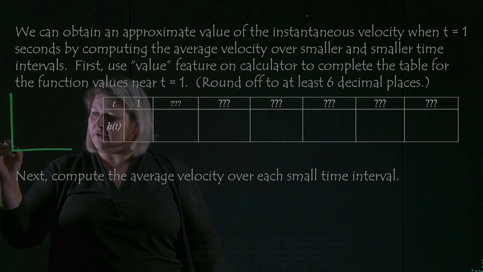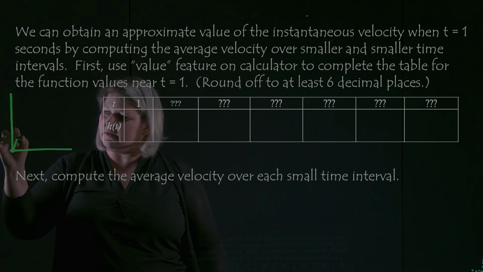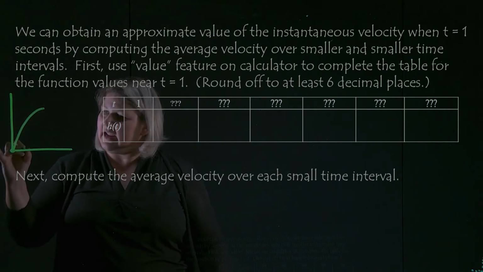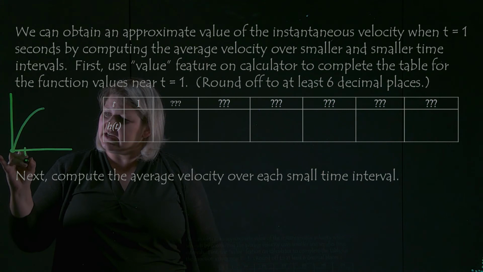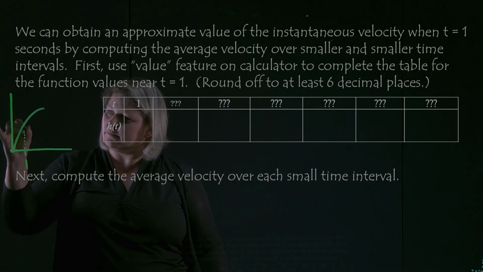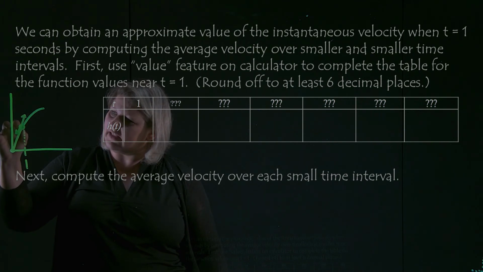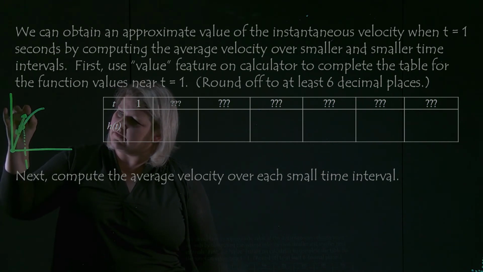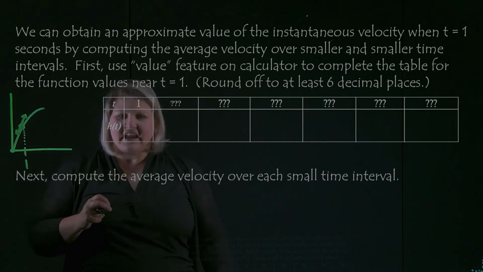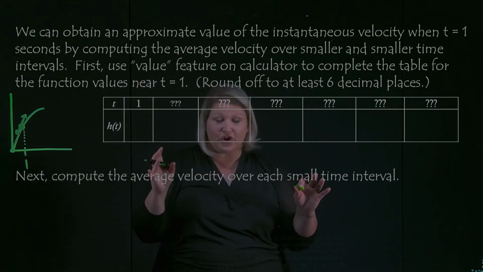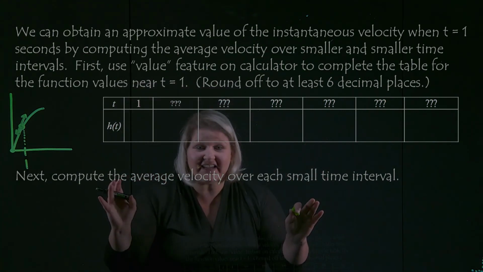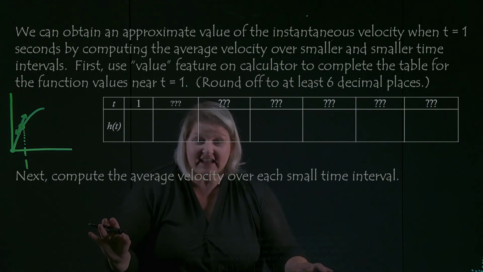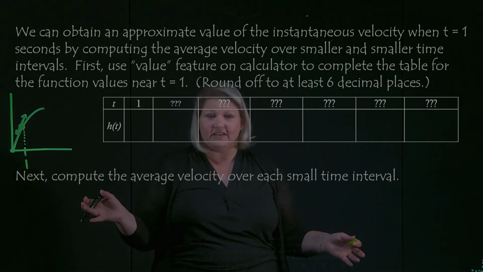Just imagine you are throwing a rock on Mars, and at t equals 1, what is the velocity of that rock? It's kind of like taking a picture at that moment and freezing it in time and then looking to see how fast it is going.